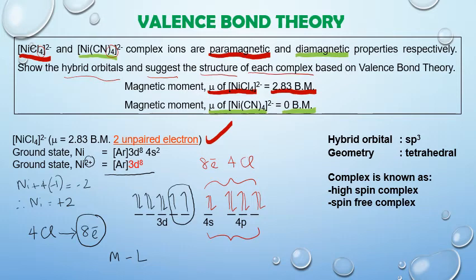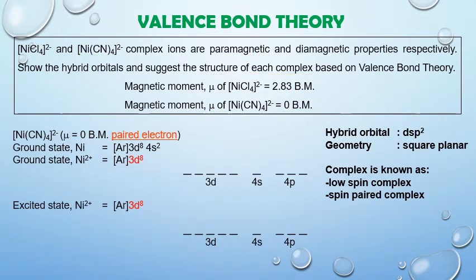The hybrid is sp3. So valence bond theory assumes that if the hybrid orbital is sp3, the geometry, the structure of the complex, should be tetrahedral.